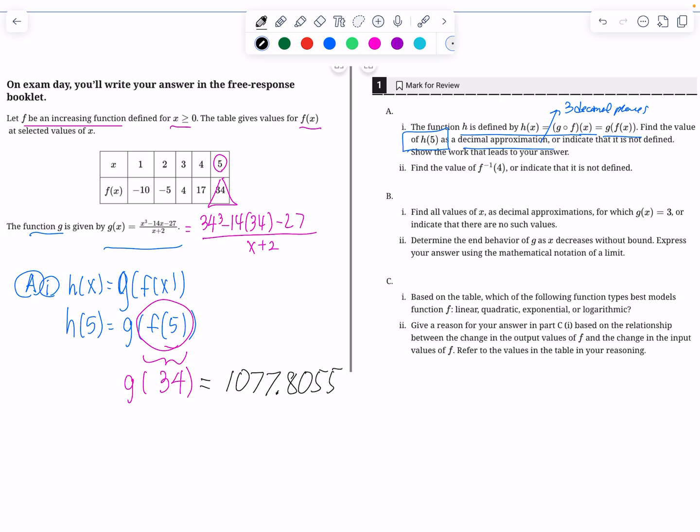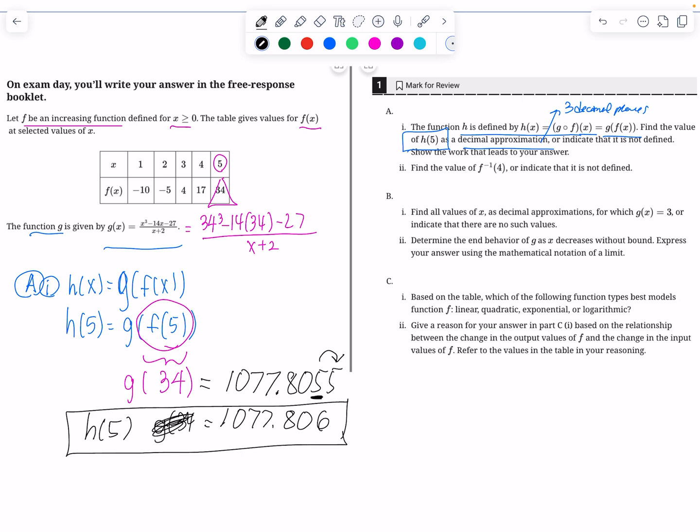So if I were you, I'd always write the 4 numbers after the decimal, and since the main direction said to round to 3 places after the decimal, it'll be to the thousandths, and so when you look at the next number, it becomes 806. So g of 34, I'm sorry, I should say h of 5 is this number, because that's what the question asked.